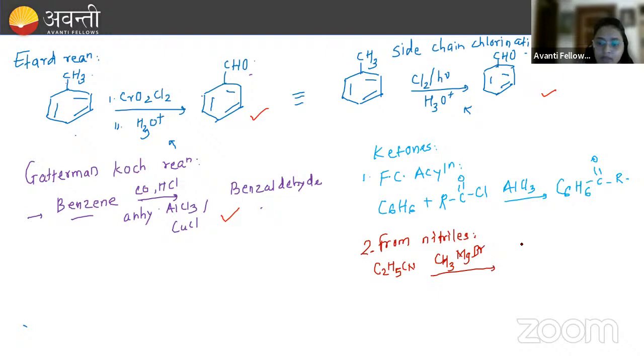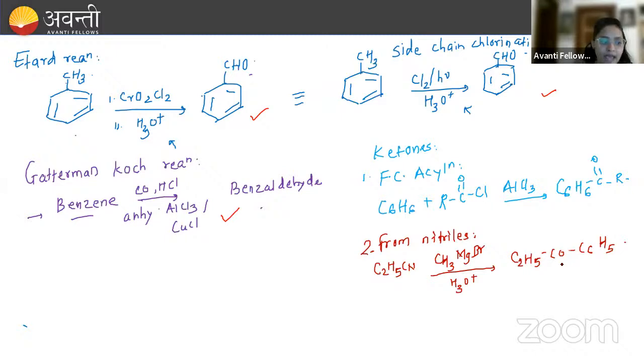When it reacts with Grignard reagent, there is a formation of a Grignard complex, and then this complex undergoes hydrolysis, and then there is a formation of ketone molecule this way, C2H5CO and C6H5. So this is our product.